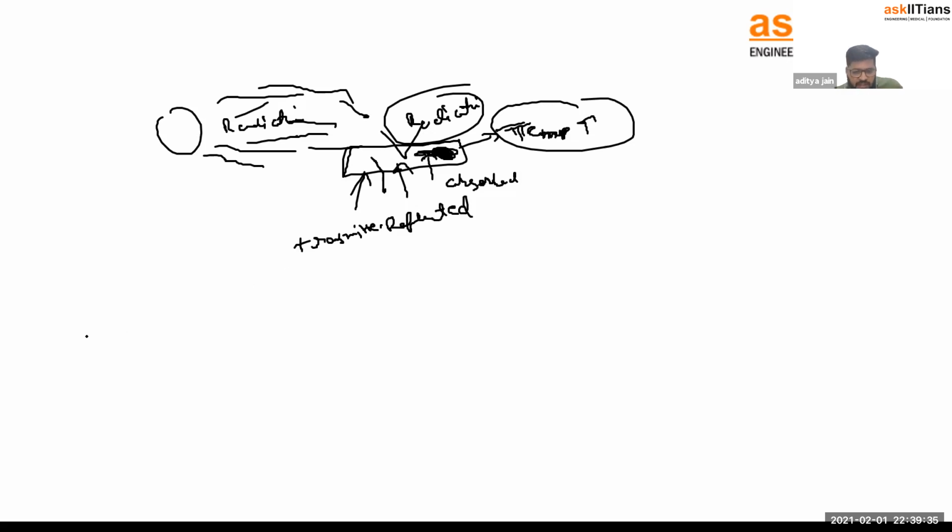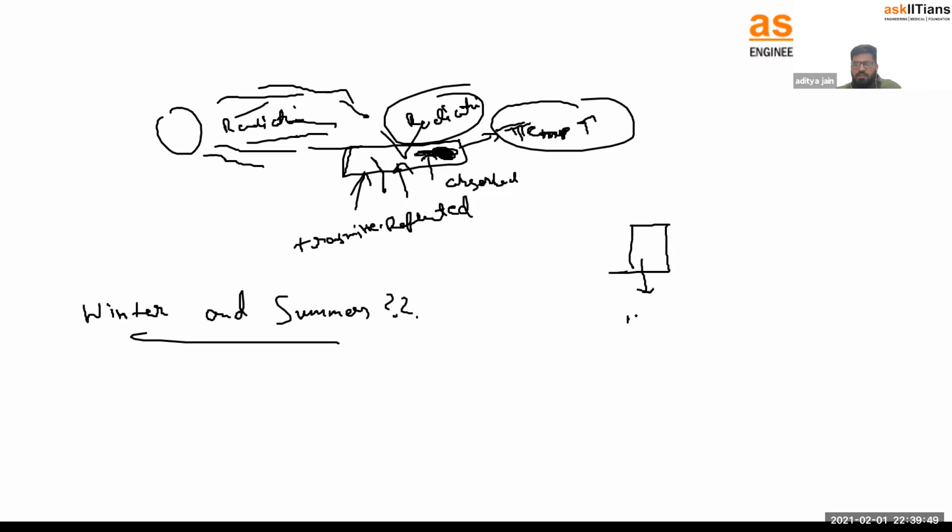The basic application of the radiation process, which you can see, is during winters and summers. If I give you an example, let's take two cans. This is a black color can. This is a white color can. Suppose both are made up of the same material, tin. These are both tin cans.